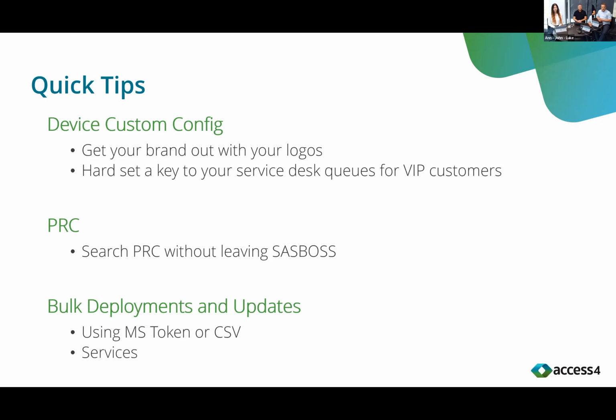Or setting up some hard set keys, so that your VIP customers can come directly through to you and bypass the other customers. I'll also show you how to search PRC without leaving SASBOSS, and talk about bulk deployments and updates to help save you time in getting your services out there.